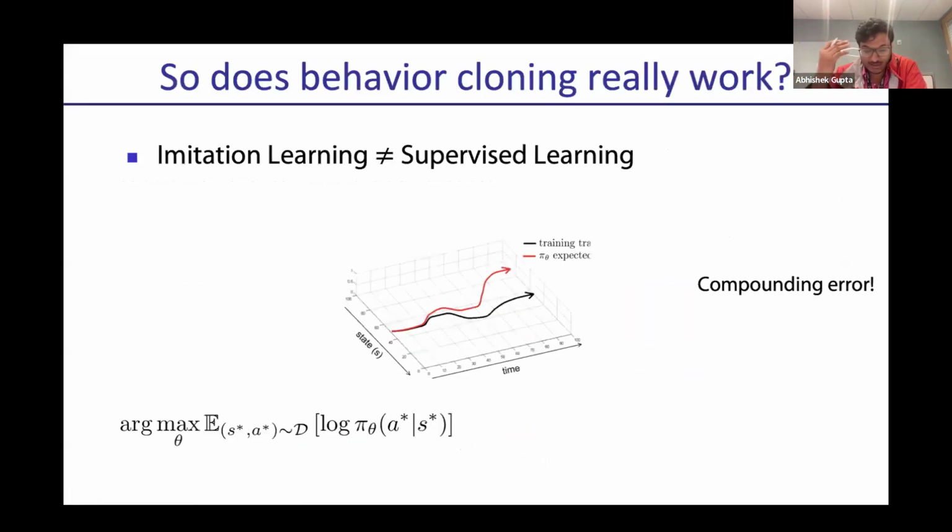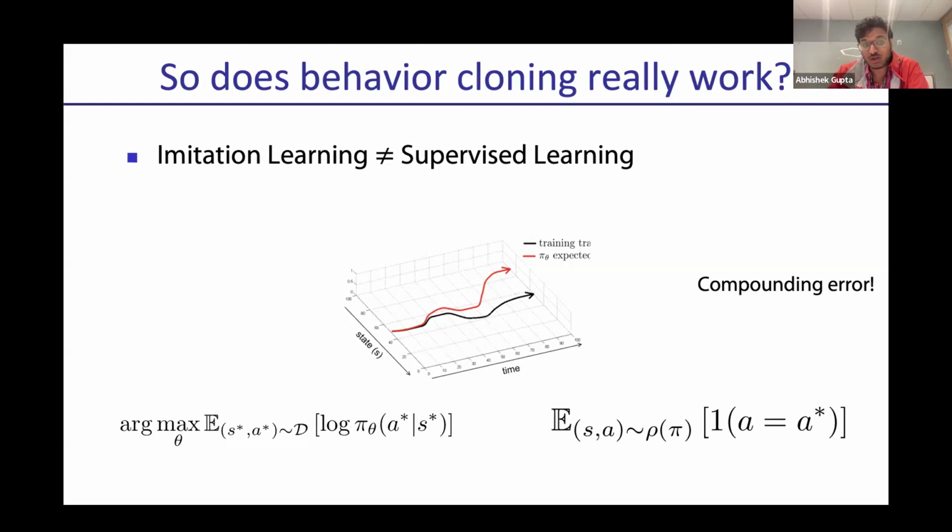And we said that this is nice because it reduces into a problem we know kind of works. So supervised learning is easy and it works. However, we saw that imitation learning was not supervised learning. Right? And the main issue here is that you're minimizing the loss or maximizing the likelihood on expert data, but you're then evaluating the policy when you're rolling out things under your learned policy. Right?